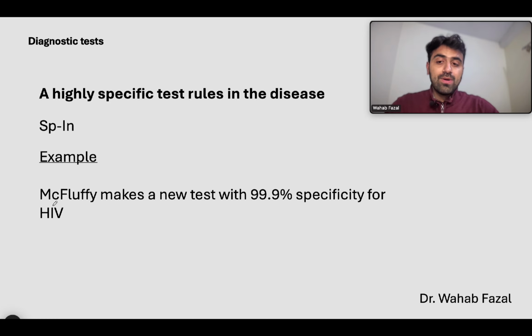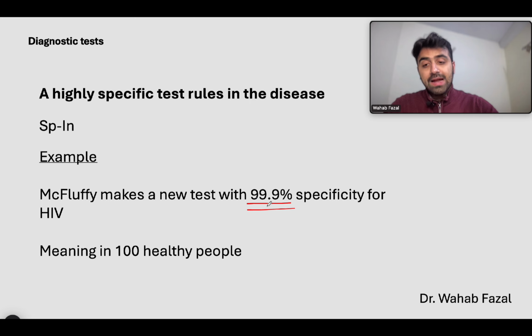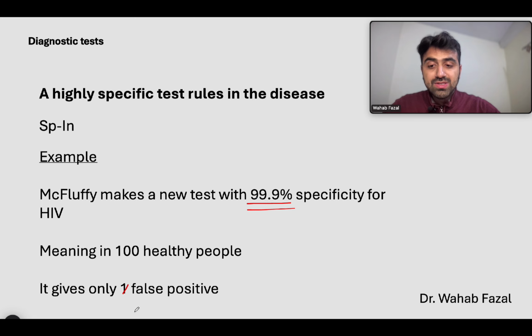Example: Dr. McFluffy makes a new test with 99.9% specificity for HIV. That means in 100 healthy people, it gives only 0.1 false positives. Sorry, I said one earlier, but this should be 0.1. What does this mean?